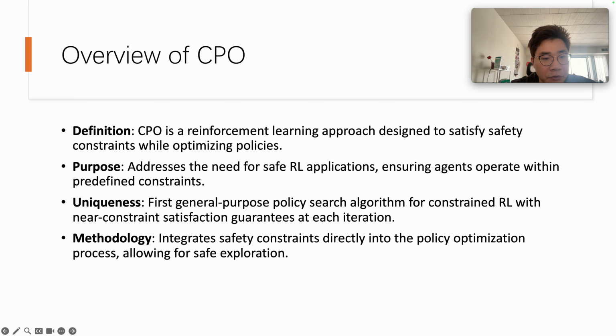It is very unique because it's the first general-purpose policy search algorithm for constrained reinforcement learning with near-constraint satisfaction guarantees at each iteration. The main idea is to integrate the safety constraints directly into the policy optimization process, which allows for safe exploration. I'll dive deep into how CPO is achieved and its results later.